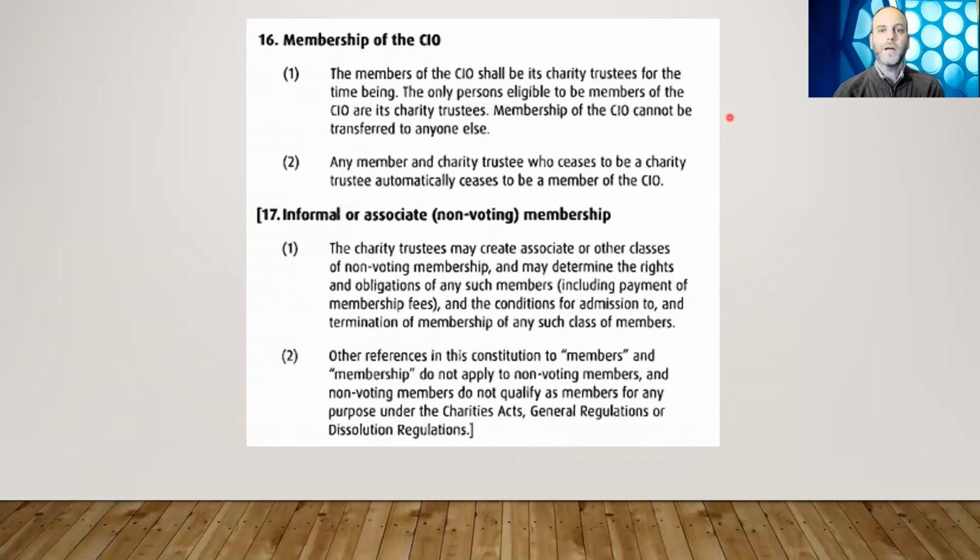However, the charity has also decided to put a clause into its constitution, number 17 here, that says we're going to create what acts in practice, ironically, as a friends-of type group. A group of people who have no legal powers over or within the charity, but do have a voice and can have influence.